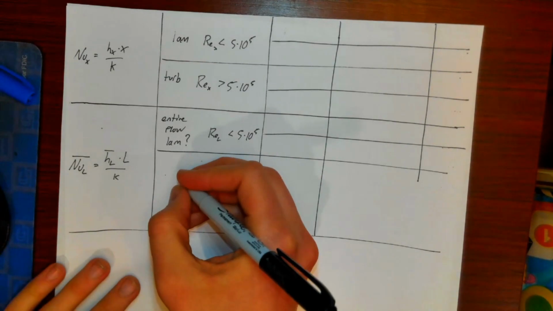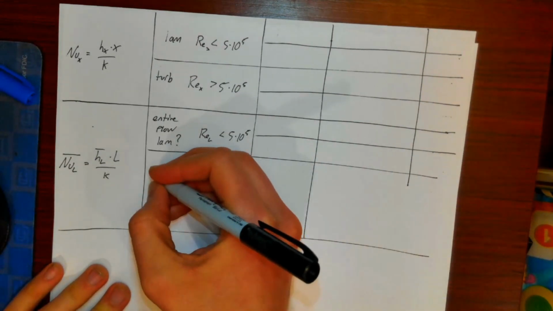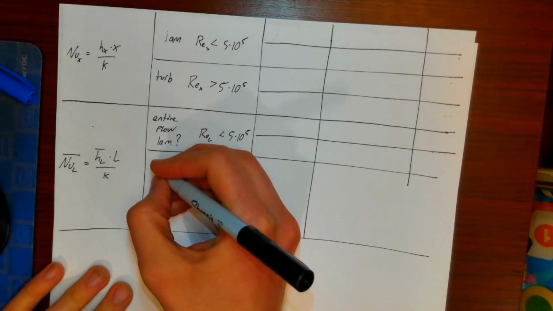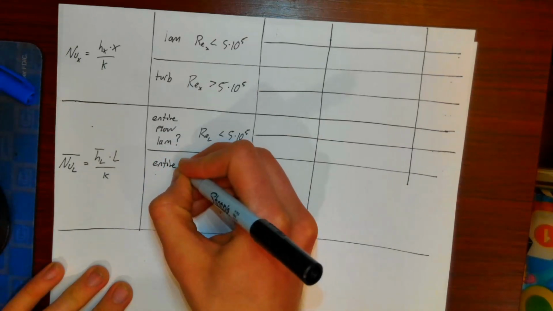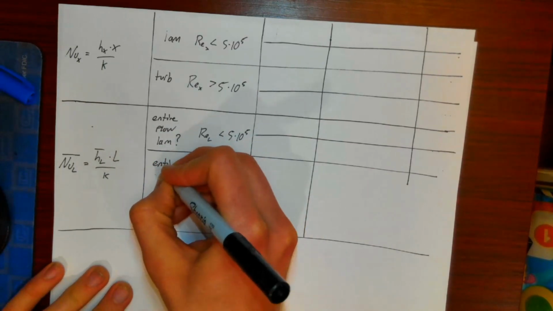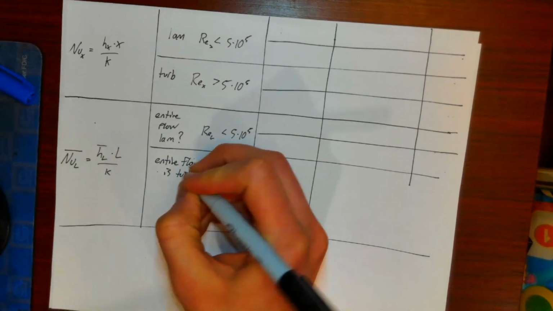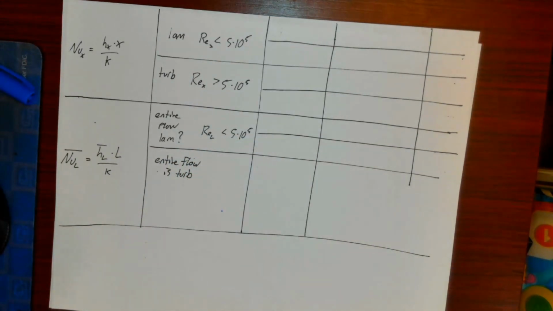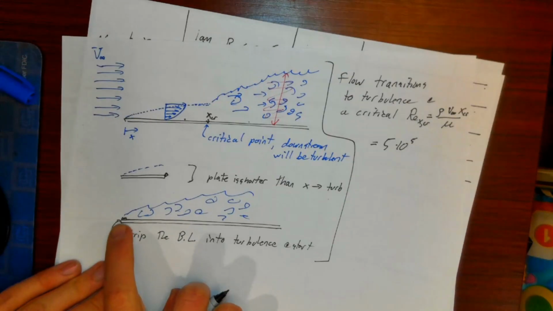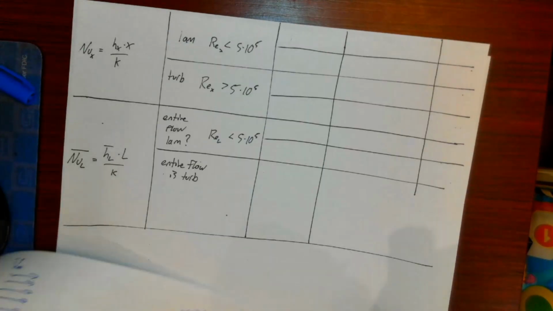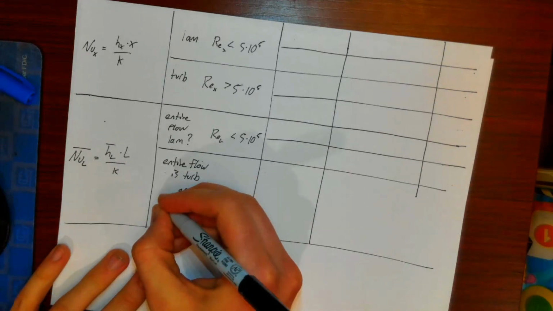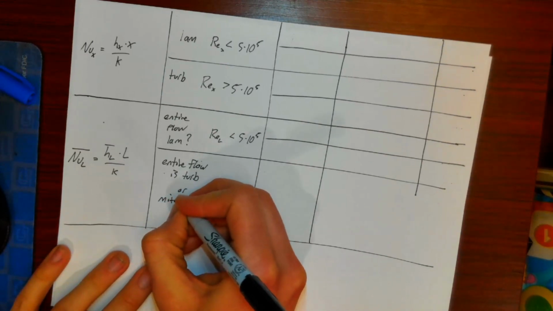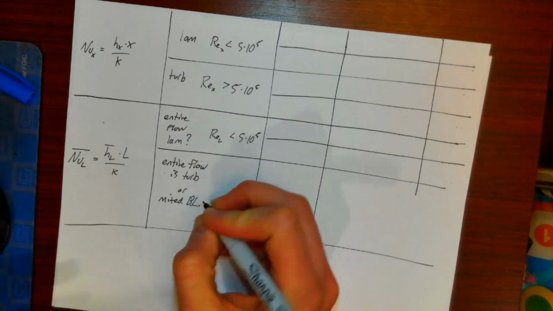And then for the second one, we'll look at two cases: one where the entire flow is turbulent, where we have a little turbulator at the start of the plate, or we have a mixed boundary layer.